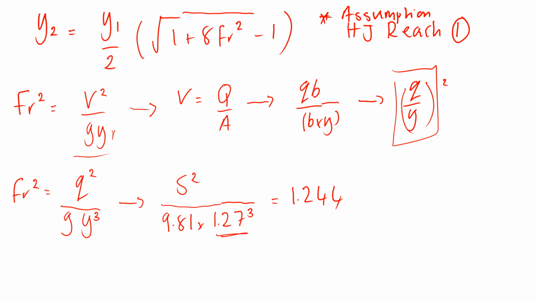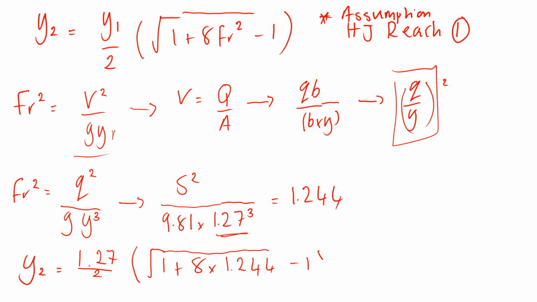So you put that back into the equation. y2 is equal to 1.27 over 2 times the square root of 1 plus 8 times 1.244, minus 1, which equals 1.467 meters.